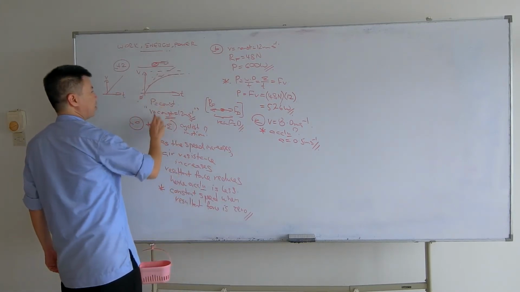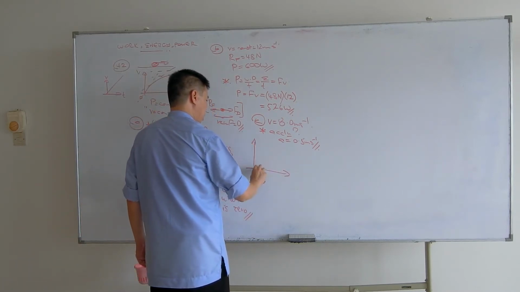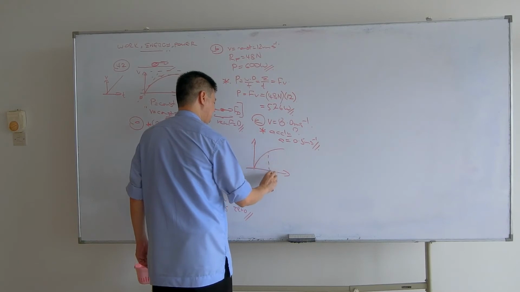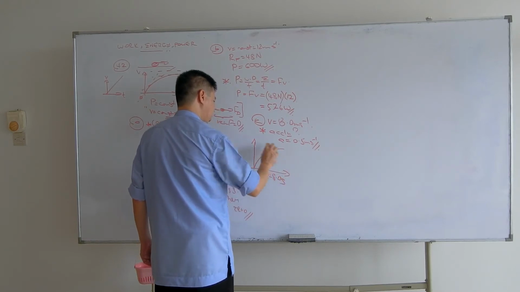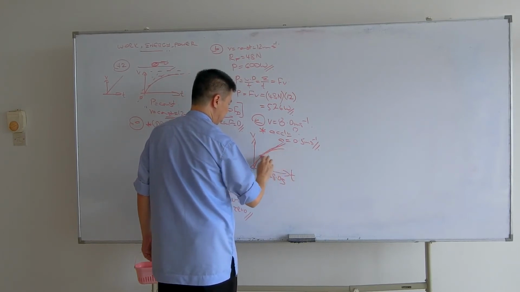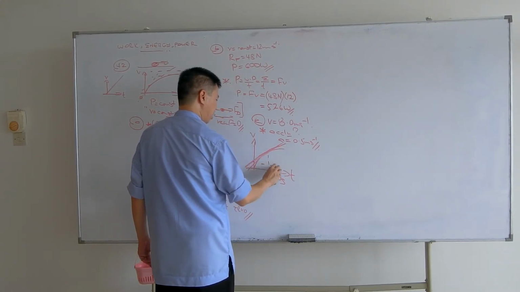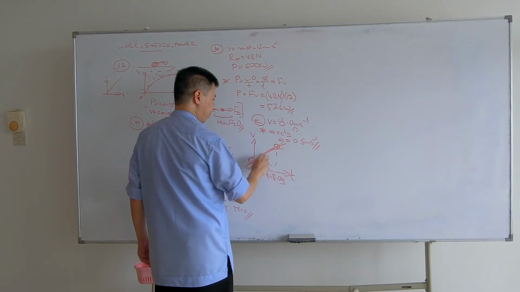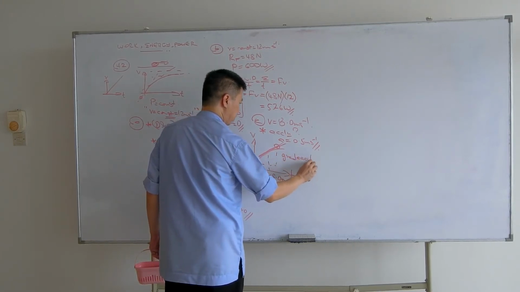Let's redraw this. Here is time with the 8 seconds. You want to find the acceleration, which means you have to draw a tangent. Draw a tangent here. After that, choose 2 points, and then your gradient is equal to your acceleration.